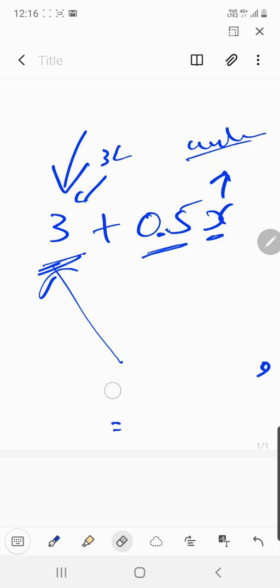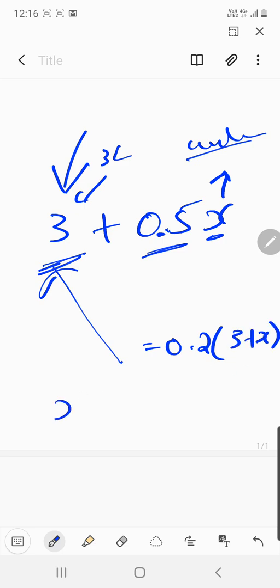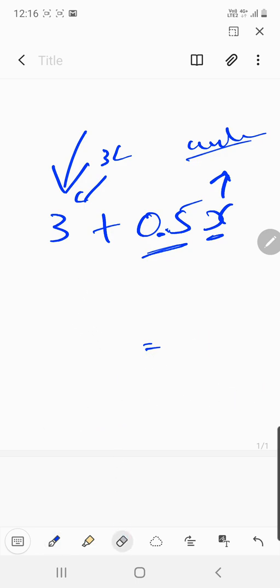Let me see. 20% of 3 plus x solution. 0.6, 2.4, 0.2. This looks weird. 0.3x. Something seems amiss, and let us figure it out.